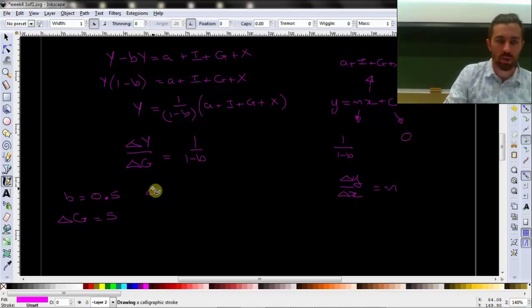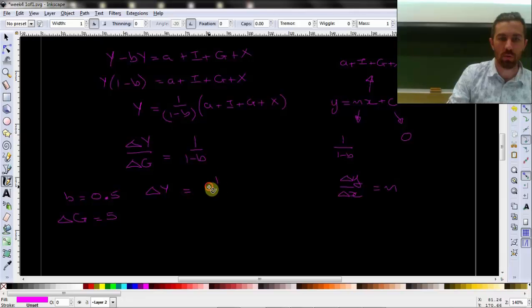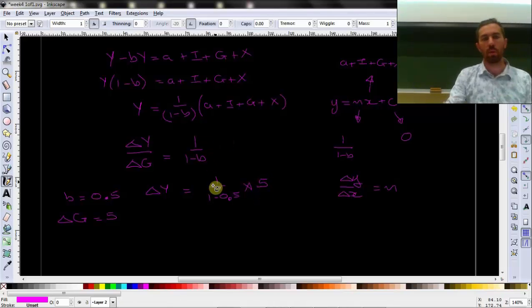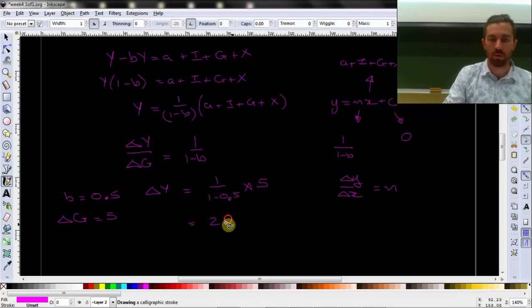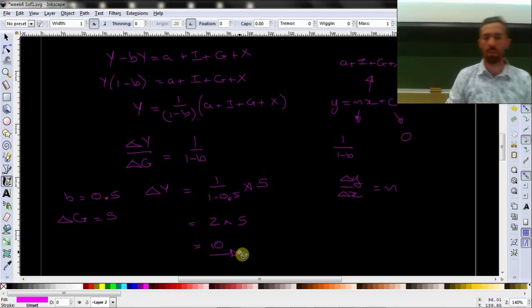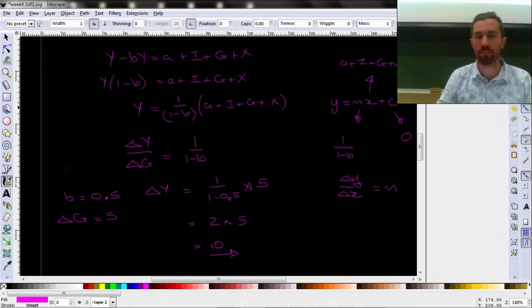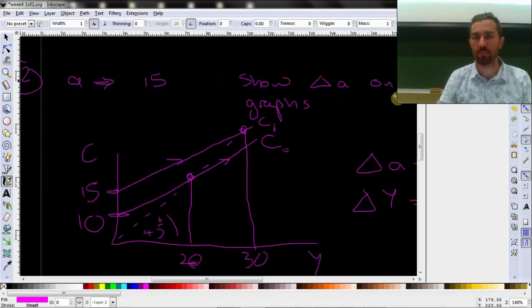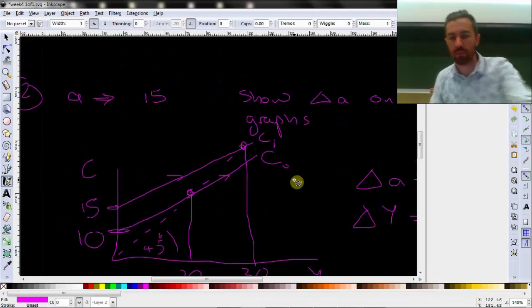Well, change in y is equal to 1 over 1 minus 0.5 times 5. 1 over 1 minus 0.5 is 2, so 2 times 5 equals 10, which looks a lot like what we saw just now.